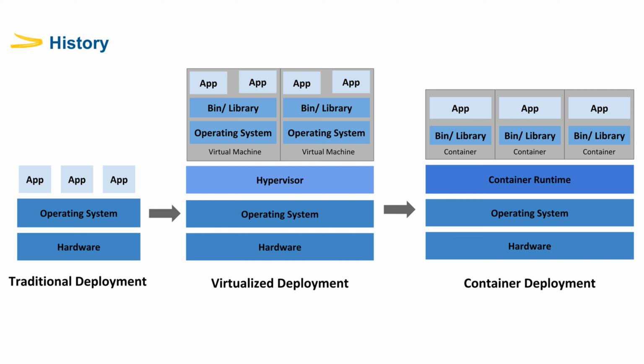And then if we look back to 2013, when the first version of Docker was released, we saw that whole concept of containerization really starting to get a foothold. You start to see that you don't necessarily need to have containers with their own operating system. You might actually have a lot of shared components that can be shared by containers as well.